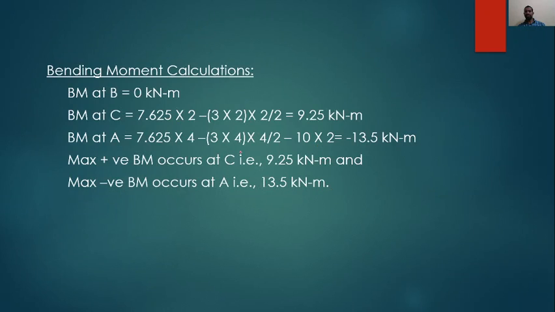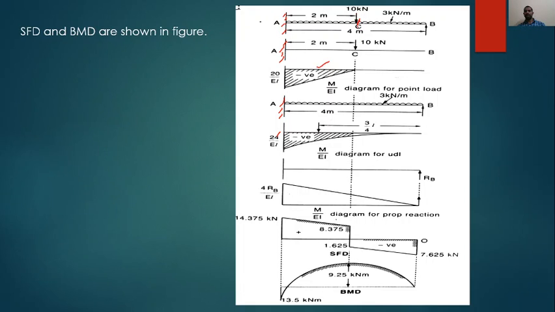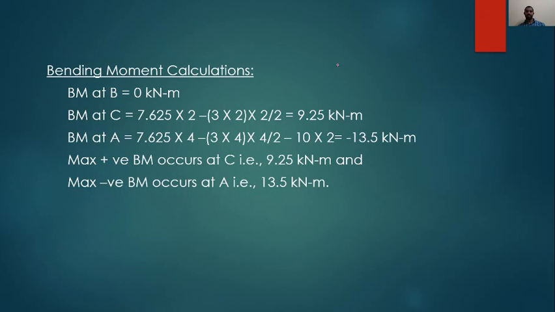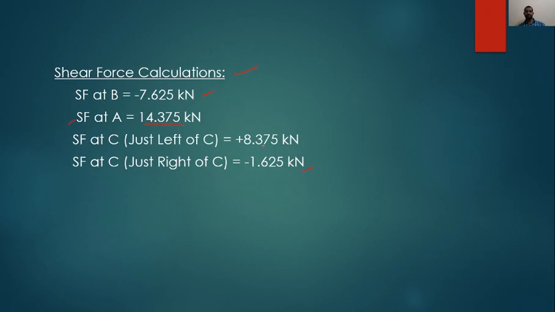And coming to just left of C, we need to add this 10 kilonewtons also. Therefore it is 8.375 kilonewtons. And with these values calculated, we can draw the shear force diagram.